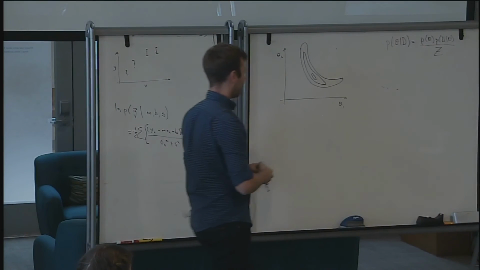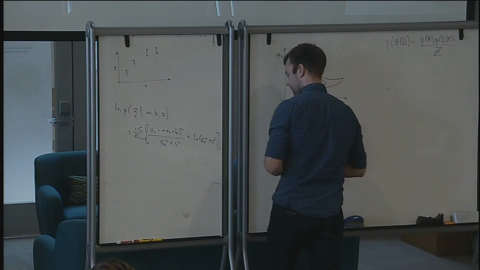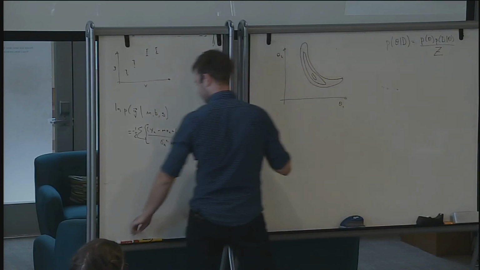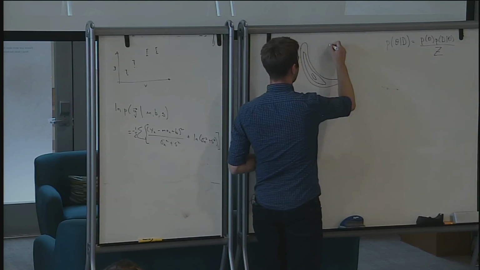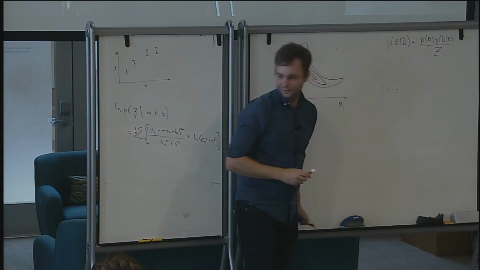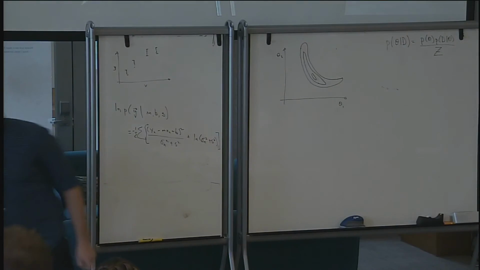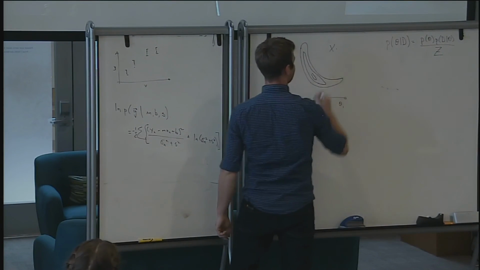So the way that a standard MCMC, or the most basic Metropolis MCMC works, which is the simplest method, is you start by choosing some point in parameter space, say over here.